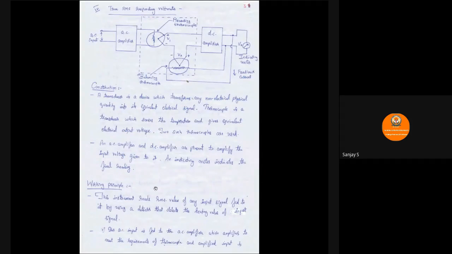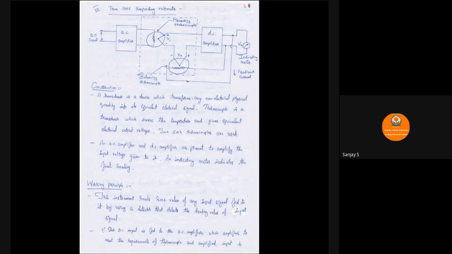Now let us go to the first one, which is the true RMS reading voltmeter, or true RMS responding voltmeter. In this instrument we can measure the RMS value of voltage. RMS is nothing but root mean square value.